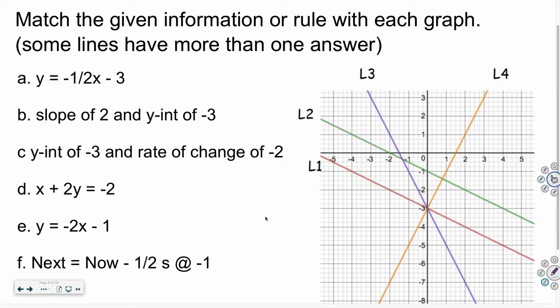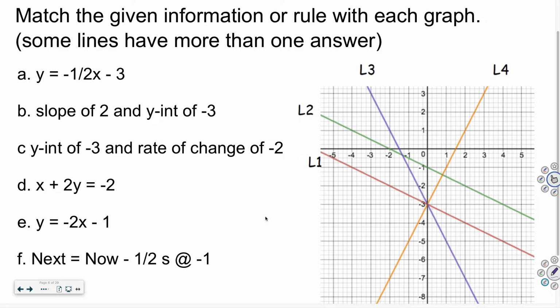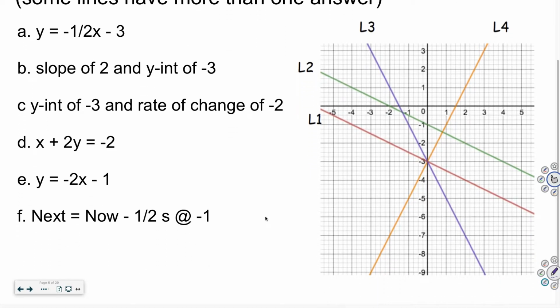Example 2: match given information or rule with each graph. Here we have 4 graphs, a whole bunch of them. A couple of them have a y-intercept of -3, and one has a y-intercept of -1.